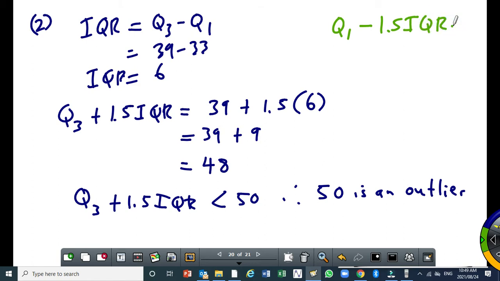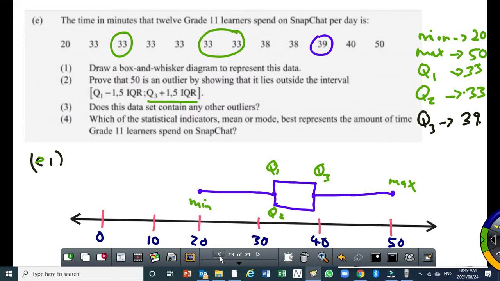In our case, Q1 is 33 minus 1,5 times 6. So that will give you 33 minus 9, which gives you 24. Which means any value which is below 24, like this 20, is going to be an outlier.